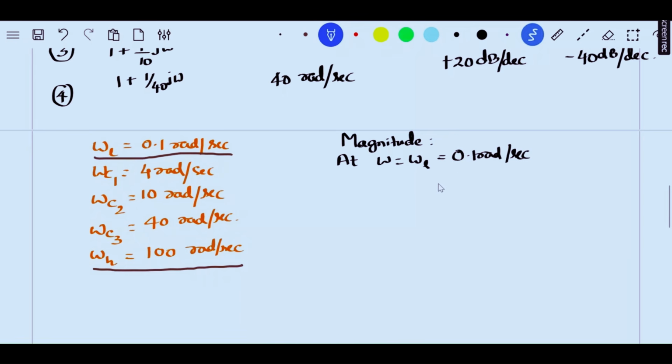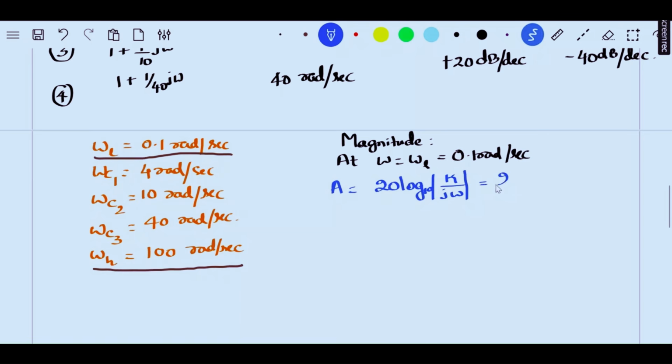At omega equals omega L, 0.1 radians per second, which we have considered, the magnitude A will be equal to 20 log of K divided by 1 pole at the origin or 2 poles at the origin, whatever we have. Anyway, in this problem we have 1 pole at the origin. So this is the formula for magnitude at omega equals omega L to the base 10.